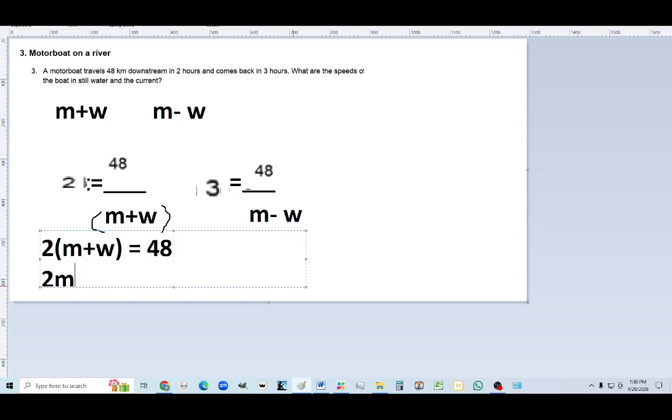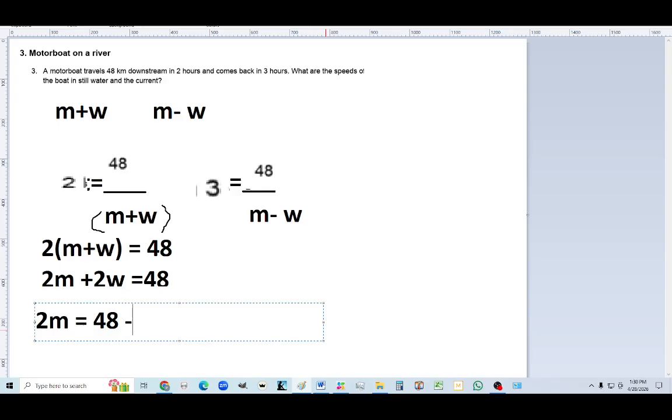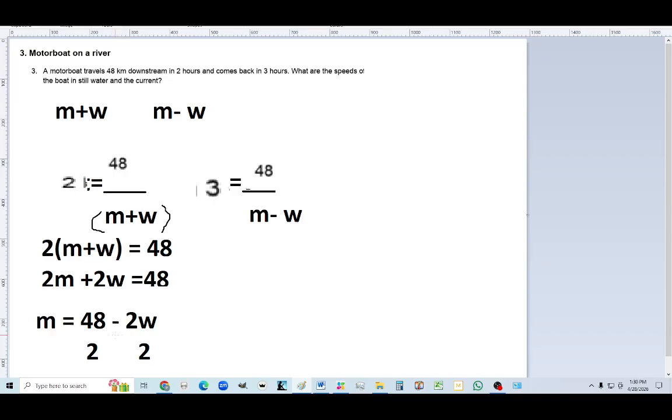When I distribute, 2m plus 2w is equal to 48. I just want the motorboat speed, let's say, so it's 48 minus 2w. I'm going to divide by 2 to get rid of it on the right. It's essentially like dividing both sides by 2. So it's equal to 24 minus w.